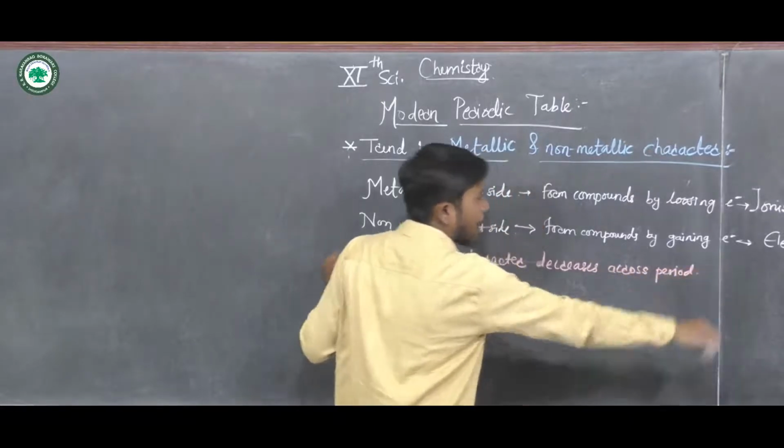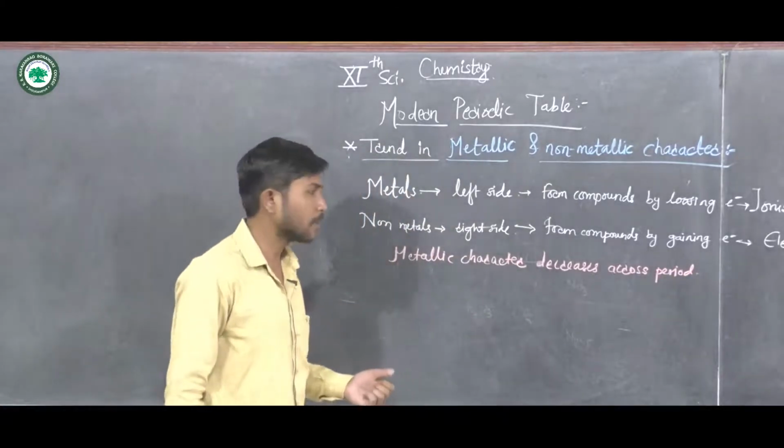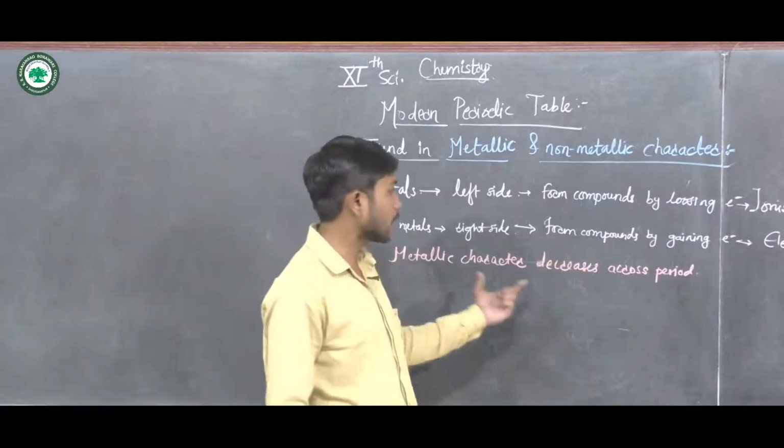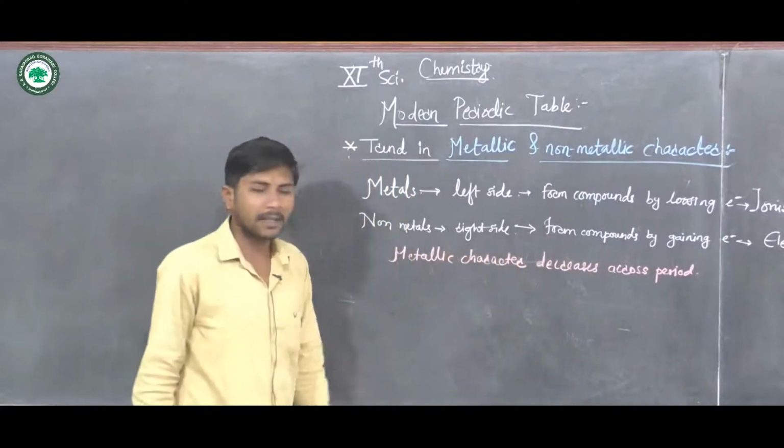Why? Because the ionization enthalpy increases, meaning the amount of energy required to remove the electron goes on increasing. That's why the metallic character decreases.